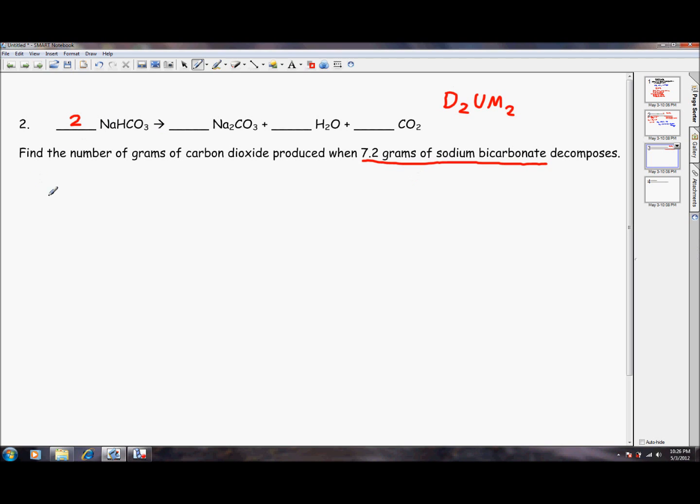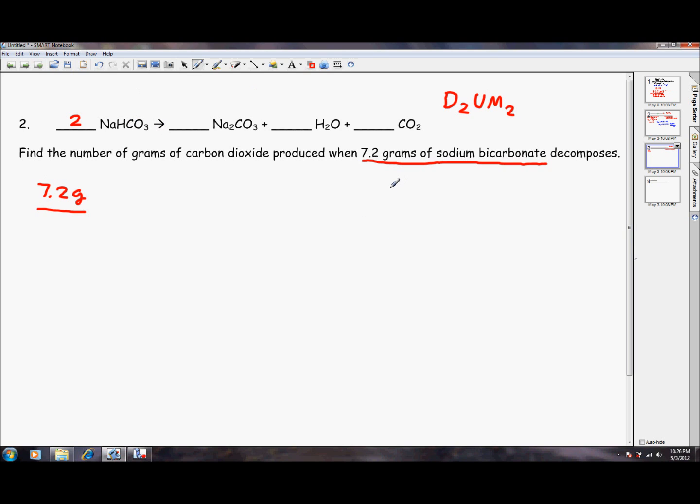I'm going to start here with the 7.2 grams of sodium bicarbonate, and the first division, remember, is divide by molar mass. So I need the molar mass of this.